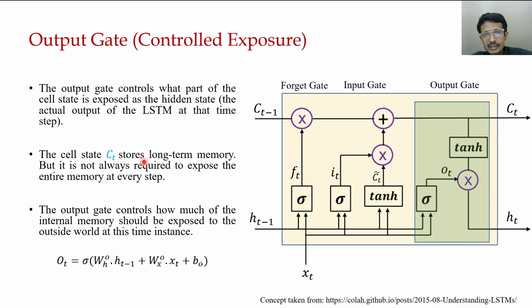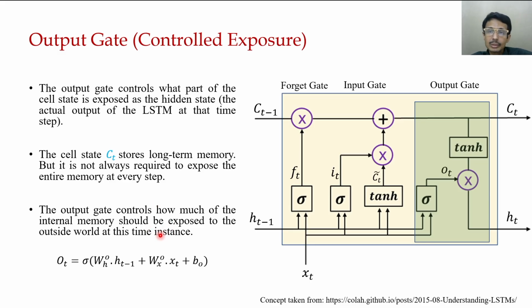The cell state c_t stores long-term memory, but it is not always required to expose the entire memory at every step. The output gate controls how much of the internal memory should be exposed to the outside world at this time.